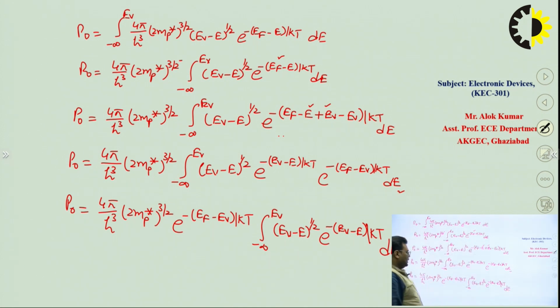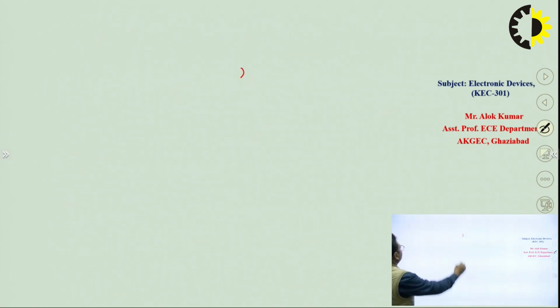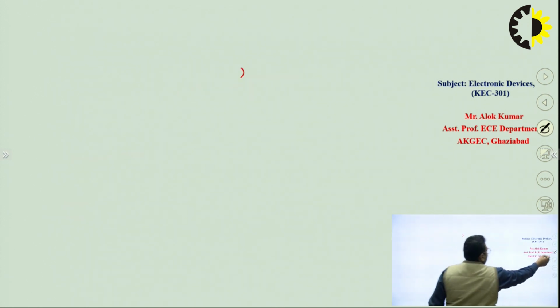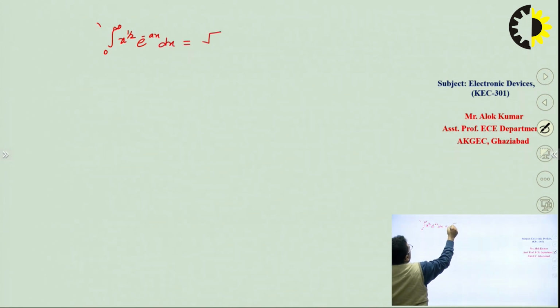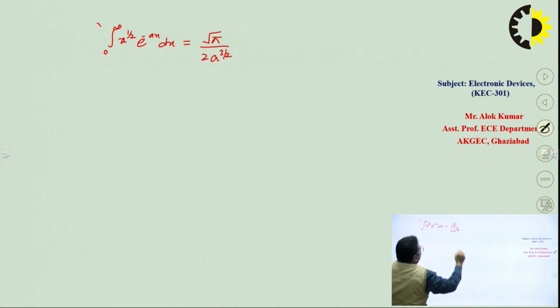Again we can use the mathematical formula: integration 0 to infinity x to the power 1 by 2 e to the power minus ax dx can be written as under root pi divided by 2 a to the power 3 by 2.